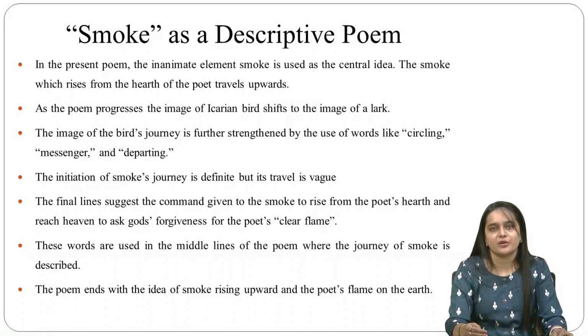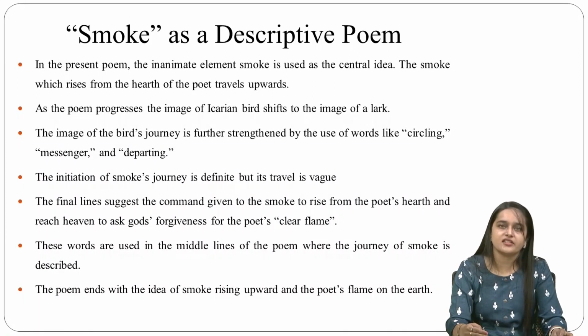The image of the bird's journey is further strengthened by the use of words like circling, messenger, and departing. It travels over the hamlets and rises above towards its destination.